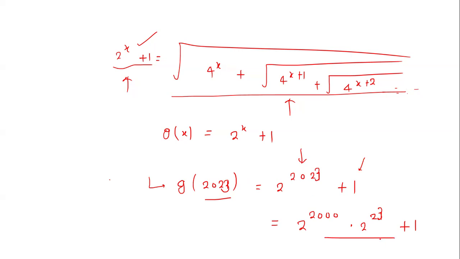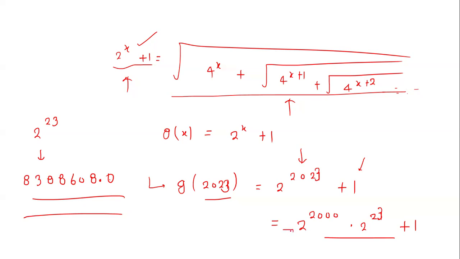So you can write it in this way, and you can easily calculate the last four digits of this. If you calculate 2 power 23, it will come to 8388608.